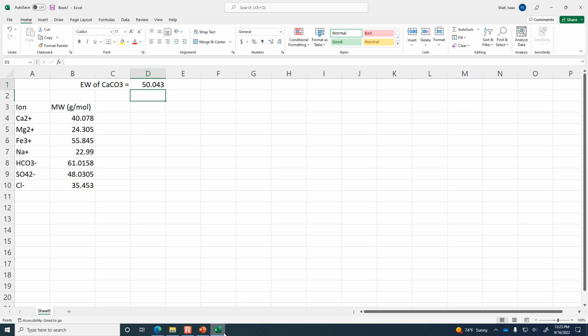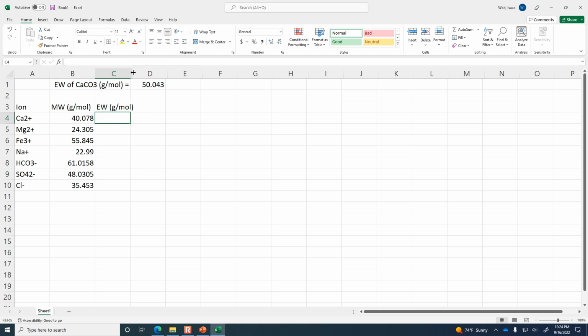So this is our equivalent weight in terms of grams per mole. The reason why I bring it up is we're going to calculate for each one of these ions what's the equivalent weight of the ion. So equivalent weight, EW, in terms of grams per mole.